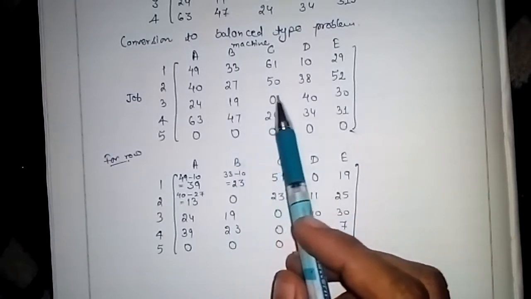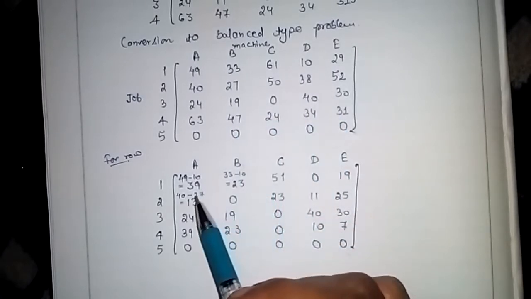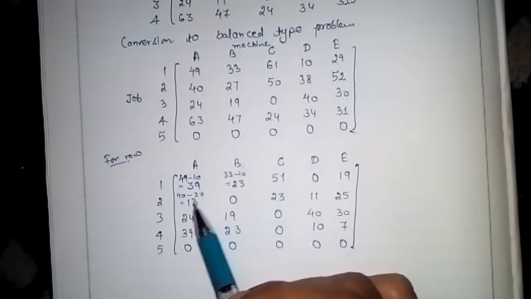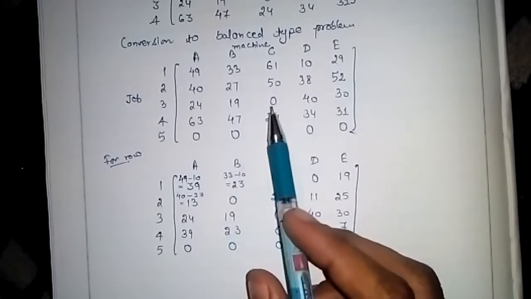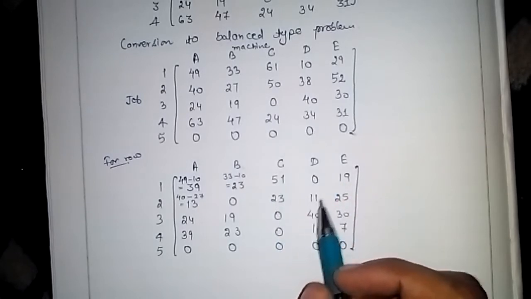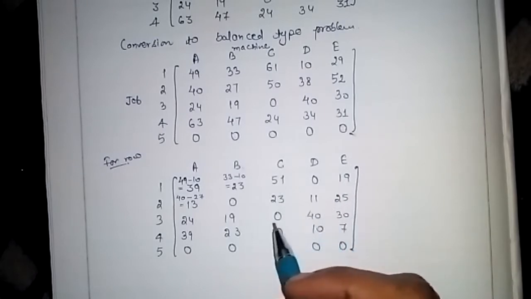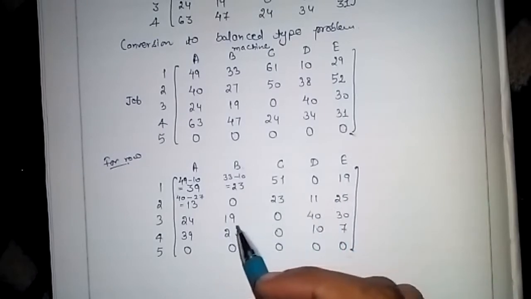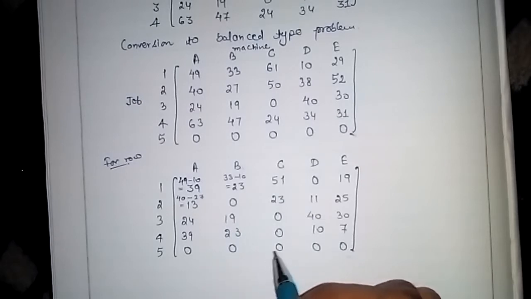And the minimum element of the second row is 27, and we did it like 40 minus 27 is 13, 27 minus 27 is 0, 50 minus 27 is 23, 38 minus 27 is 11, and 52 minus 27 is 25. Similarly, we have done it for the other two rows, and the fifth row will contain all zeros.